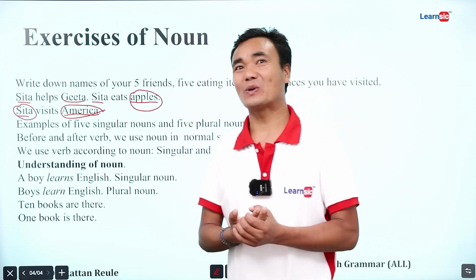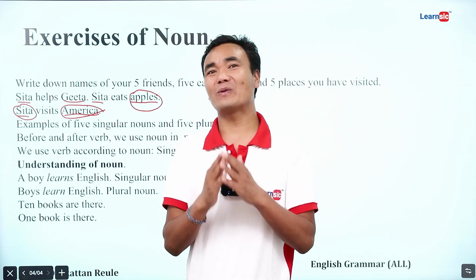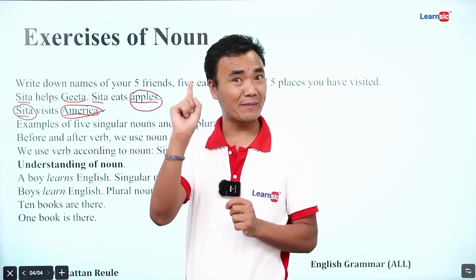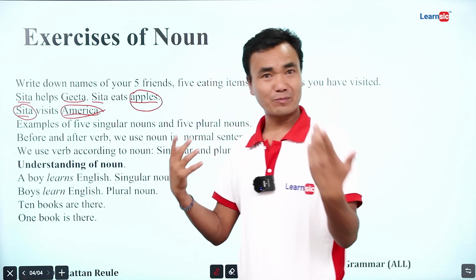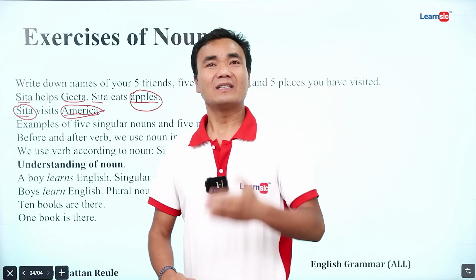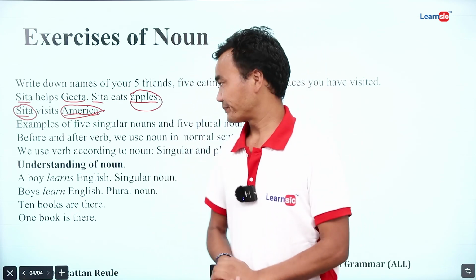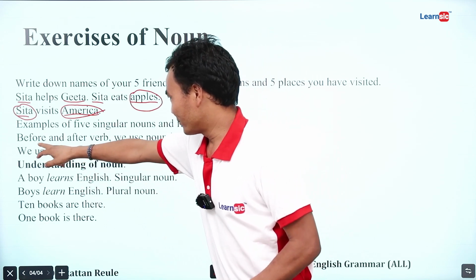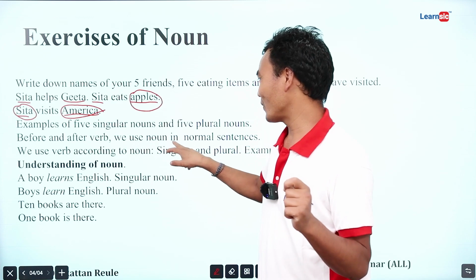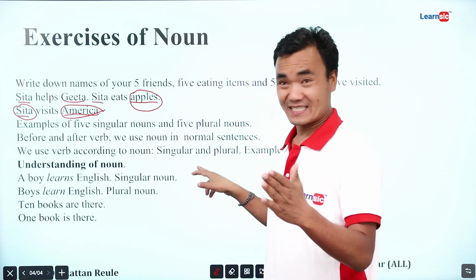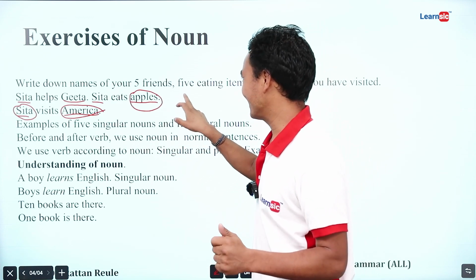This is very easy to understand because singular noun stands for only one, एउटा कुरालाई मात्रै, only the one person, one product, one place, and plural nouns they refer more than one. And before and after verb we use noun in normal sentences. And again I write here one example.